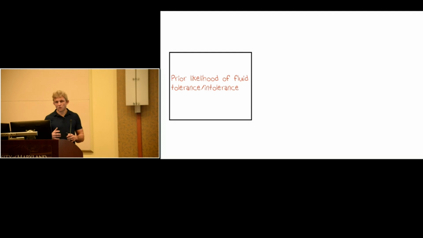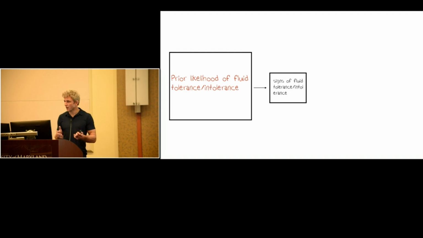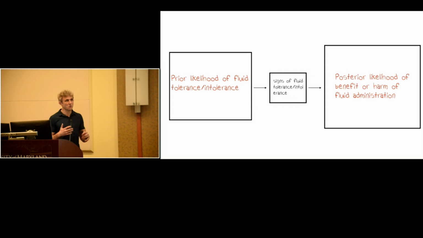And so essentially it looks something like this: you've got a prior likelihood of fluid tolerance or intolerance. You've got some signs of fluid tolerance or intolerance that we're going to talk about, right? And that's going to give you a posterior likelihood of whether the patient will benefit from fluid or not. And you just do this nonstop throughout seeing your patients. This is how we should be thinking about when or when not to give people fluid, right?